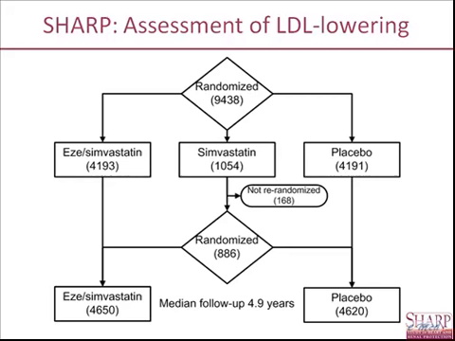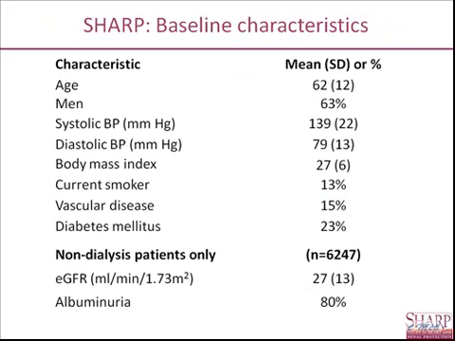And this analysis was done and allowed to run the study for an additional 4 years by re-randomization of those patients that were on simvastatin into 2 major groups. So one group is the placebo group on the right, and the other group is the ezetimibe simvastatin group on the left, almost 5,000 patients in each group.